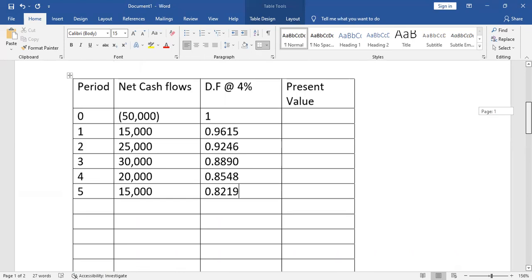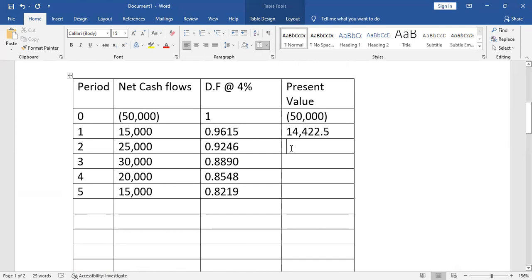There I go. And quickly I can calculate my present values now. Negative 50,000 multiplied by 1 is negative 50,000. I'm simply multiplying the net cash flows with the discount factors. 15,000 multiplied by 0.9615, I have 14,422.5.